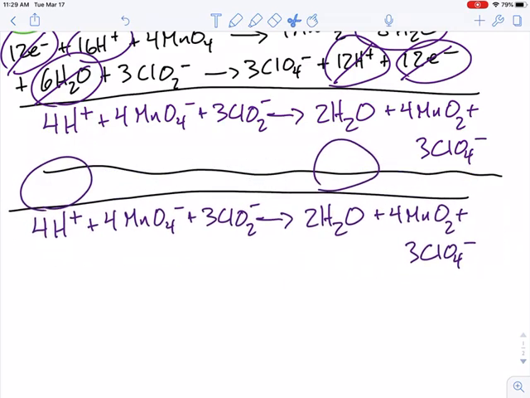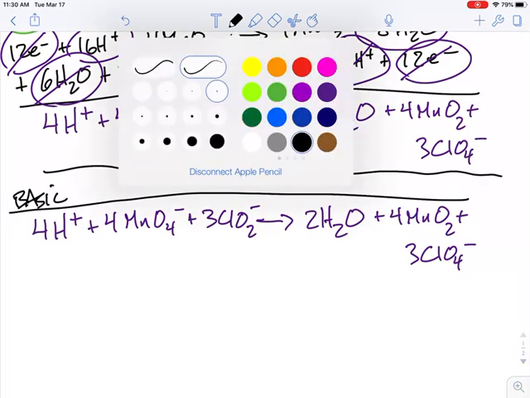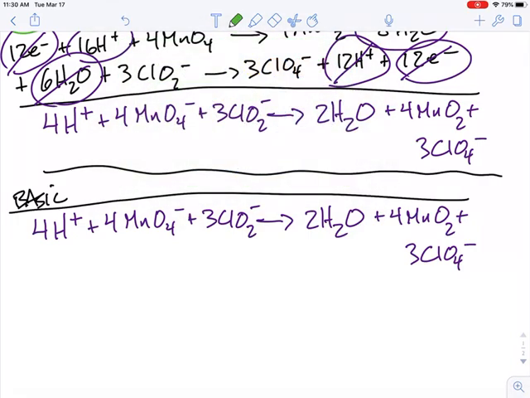All right, so again, my reaction here at the top is acidic. Now I'm going to do this as if it was a basic environment. Okay. So in a basic environment, I would add hydroxides to each side. What I want to do is cancel out my hydrogen ions, so I'm going to add 4 hydroxides.